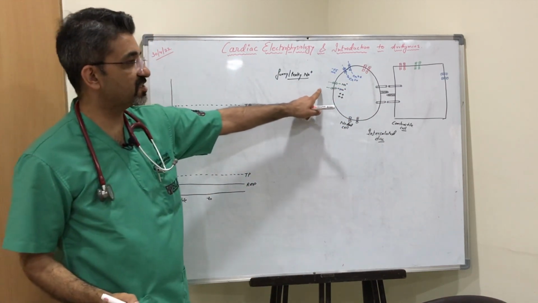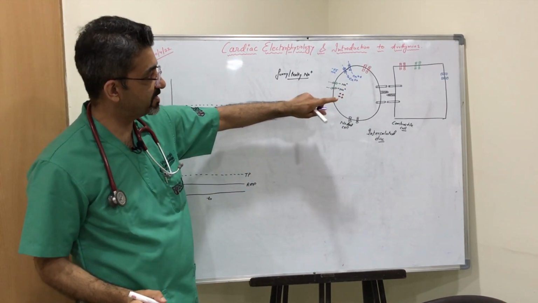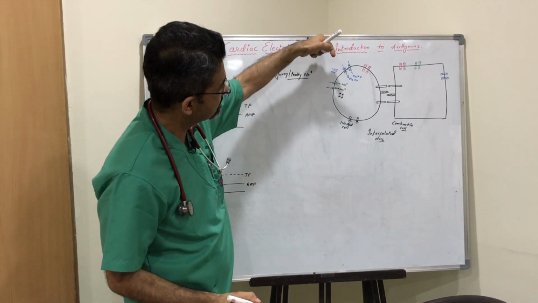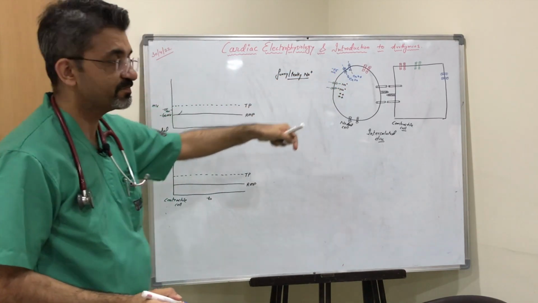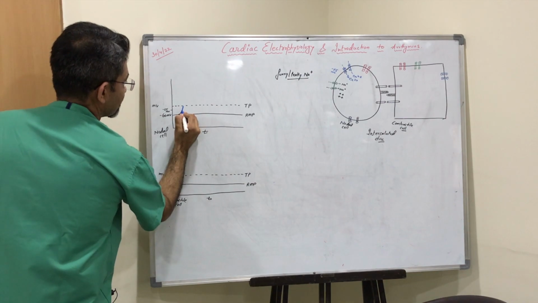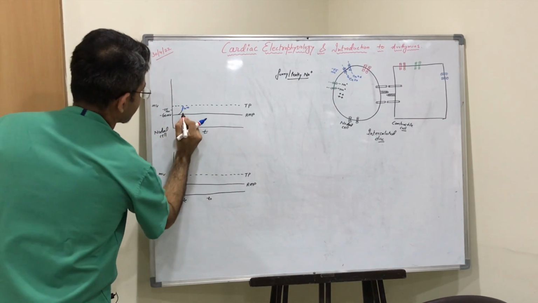So at minus 60, sodium is coming in. The moment it touches minus 55, the T-type calcium channel opens and calcium starts coming in from outside towards inside. This is the part of calcium. This was sodium.